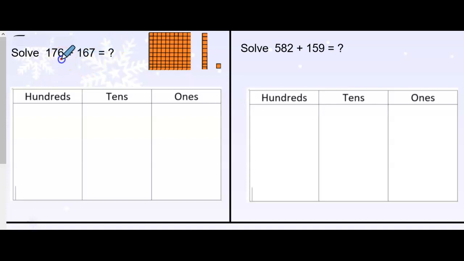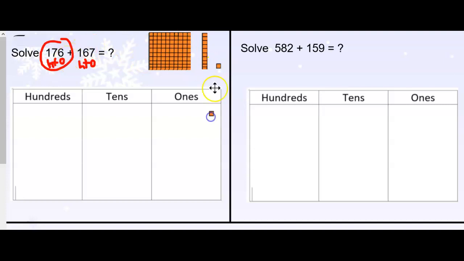Remember, the first step is to identify the place value of each number: ones, tens, and hundreds. And then we're going to take the first number and build it, 176. We can start from the ones place.